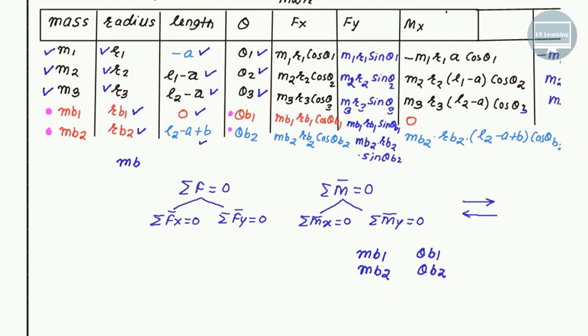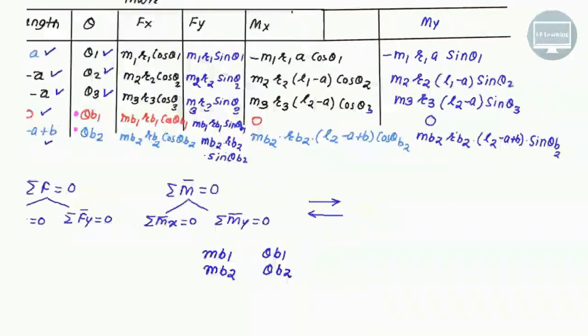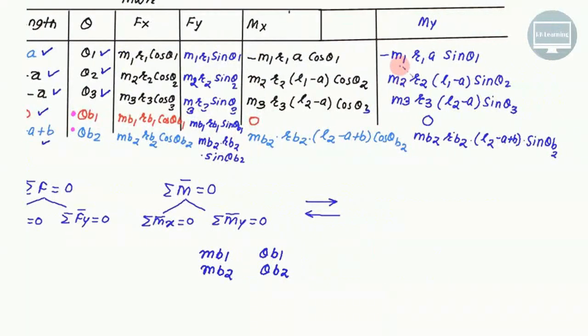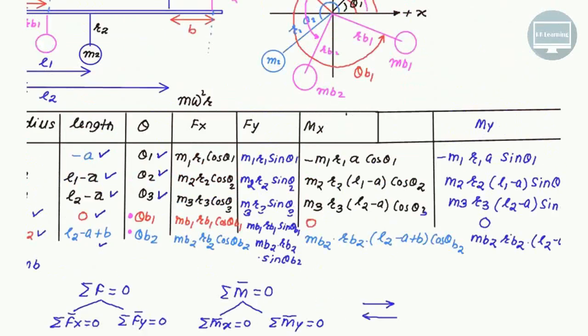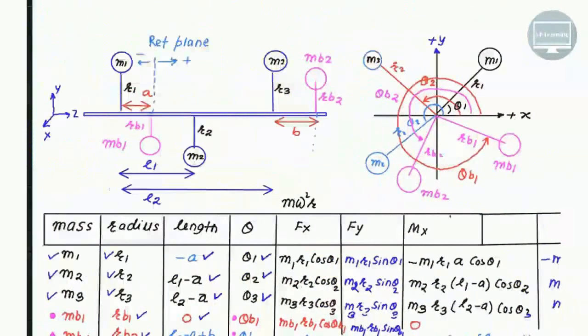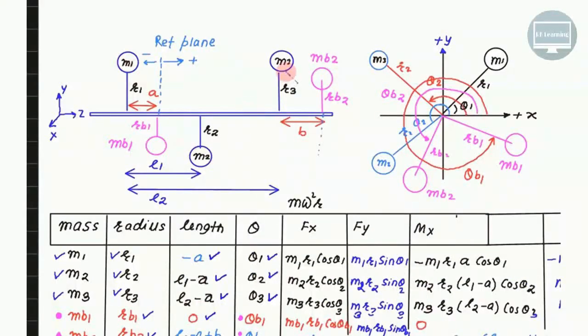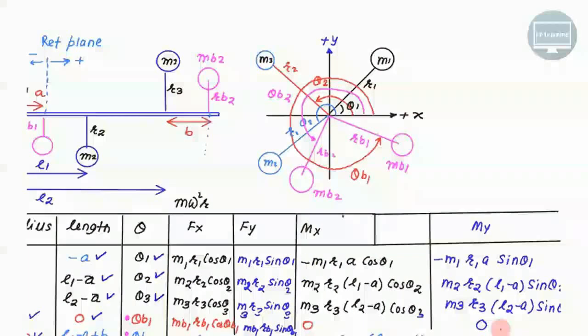Is it fine? Now check the column. In this equation, check M1, R1, A, sin theta 1 is known. In this figure the values of M1, M2, M3 are provided. R1, R2, R3 provided. Theta 1, theta 2, theta 3 are provided. So one by one.